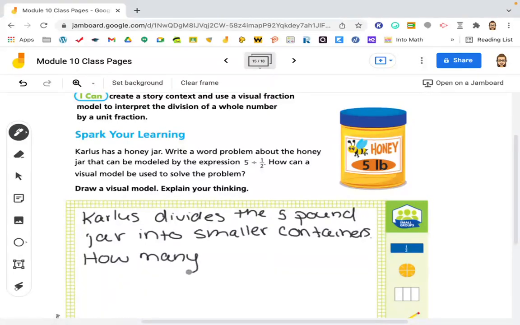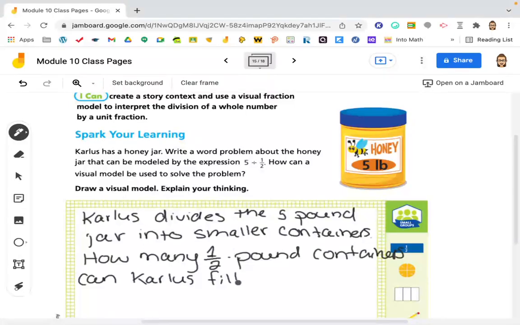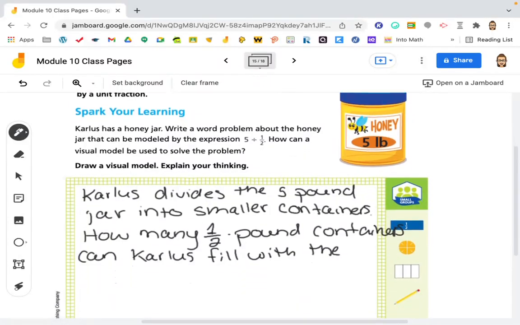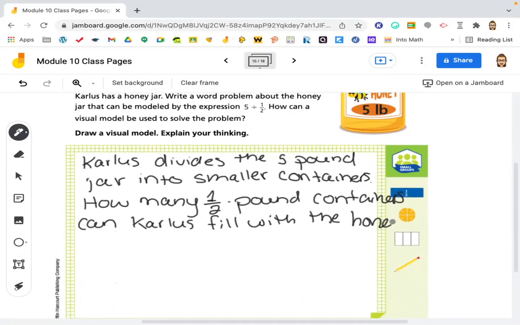How many 1/2 pound containers can Carlos fill with the honey from the jar?